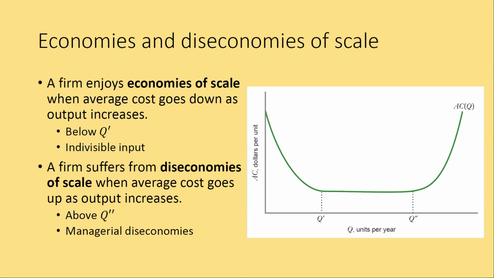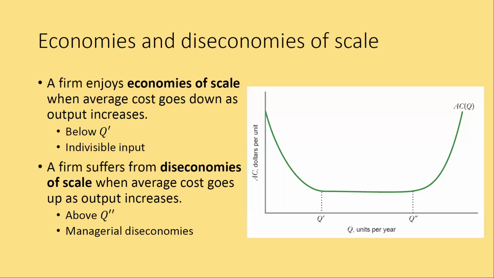But as the firm increases its output from 1 million to 2 million to 3 million to 4 million to 5 million, the firm does not need to purchase another assembly line, right? So the firm is not going to increase its cost in this indivisible input dimension.